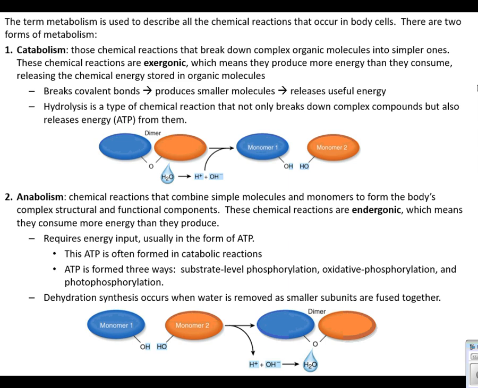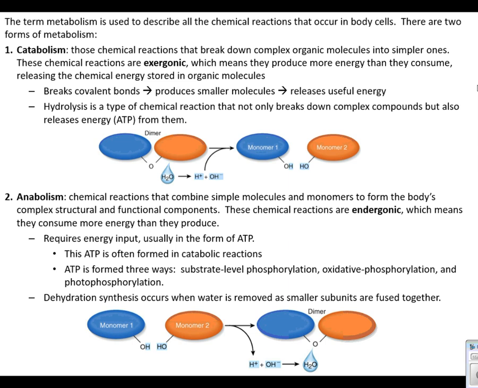We learned previously that the term metabolism is used to describe all chemical reactions occurring in our body cells, and that there are two principal forms, catabolism and anabolism. Catabolism is those chemical reactions breaking down complex organic molecules into simpler ones. It involves exergonic release of energy.